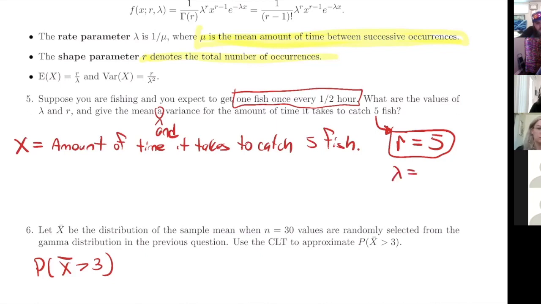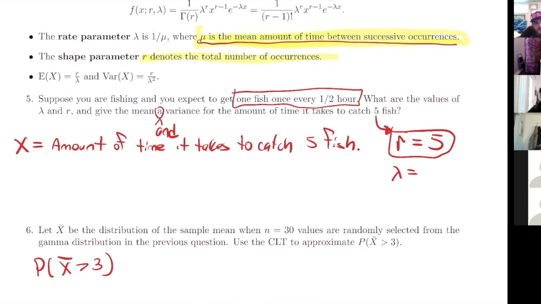What we also need to know is this rate parameter, lambda. So what would we get for the value of lambda in this example? How are we doing time, in hours? This is the mean amount of time.